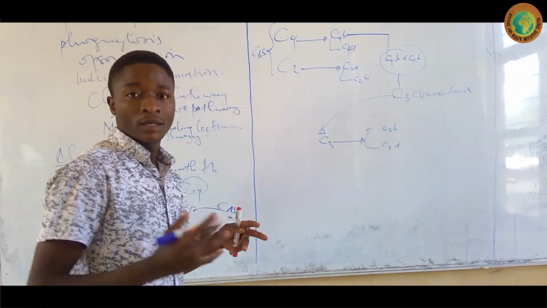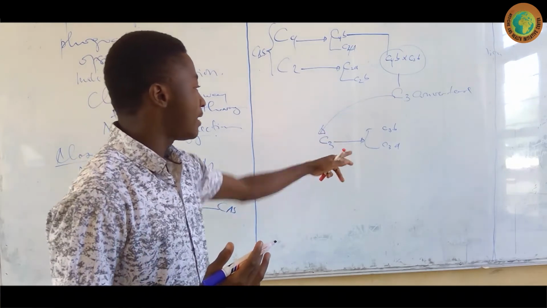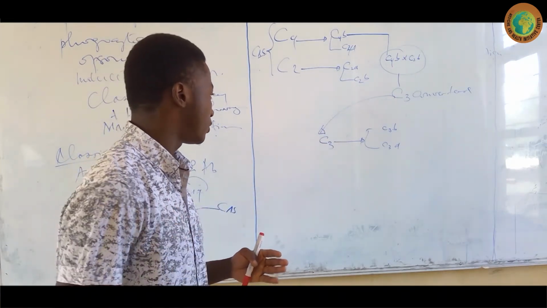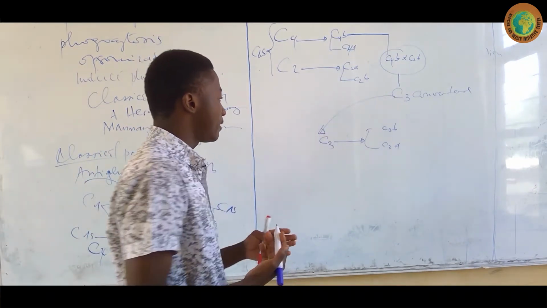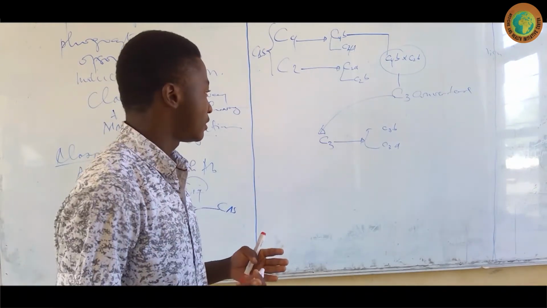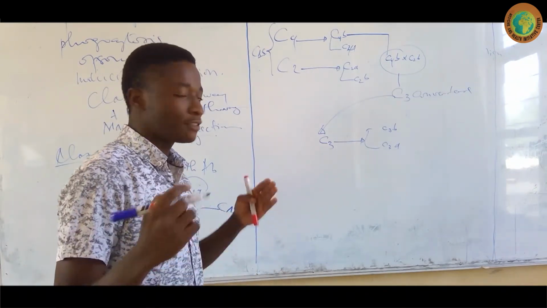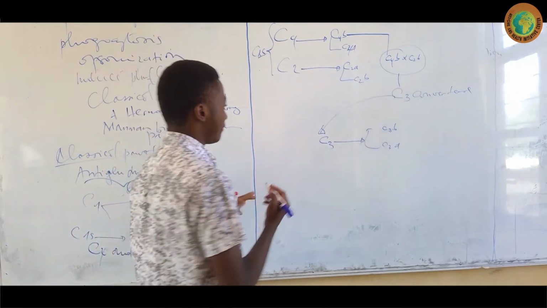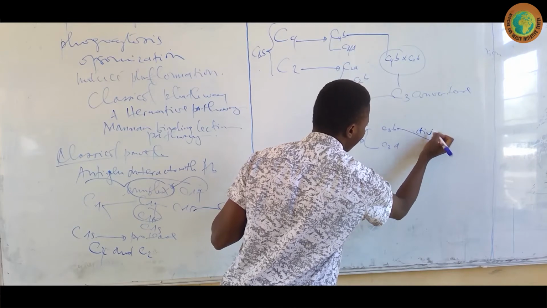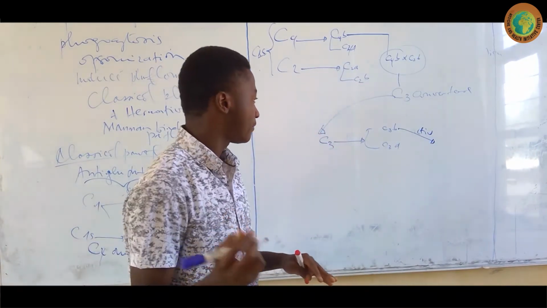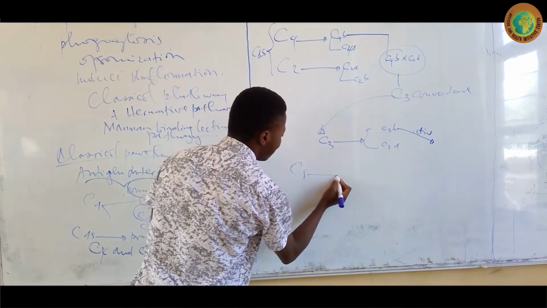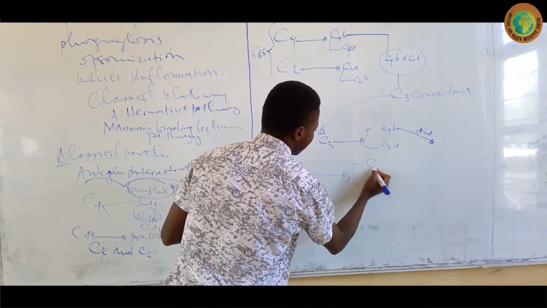This C3a will be involved in inflammation, to induce inflammation. And this C3b will be involved in binding to the pathogens, and also it will activate C5. This activated C5 will give us C5a and C5b.